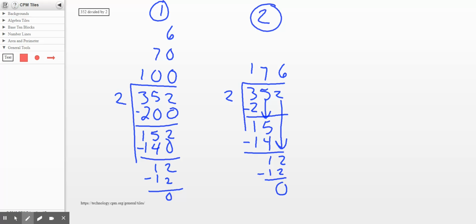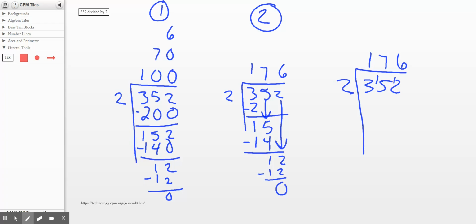The third way somebody may have written this out, 352 divided by 2. How many times does 2 go into 3? 1 time. 2 times 1 is 2. 3 minus 2 is 1, so there's 1 left over. 2 goes into 15 7 times. 2 multiplied by 7 is 14, which means 15 minus 14 will give me 1 left over. 2 goes into 12 6 times. 2 multiplied by 6 is 12. 12 minus 12 is 0.